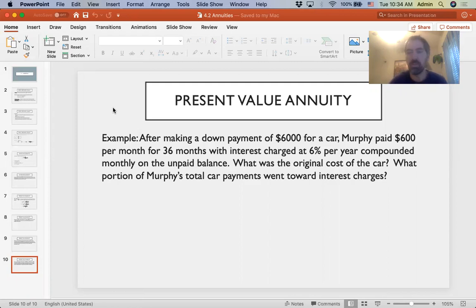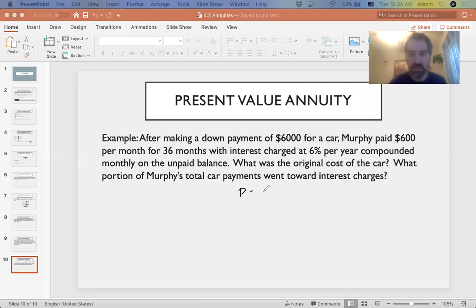So he uses the money now and pays it back a little bit at a time over the course of 36 months. So we know we have this formula that we can use.